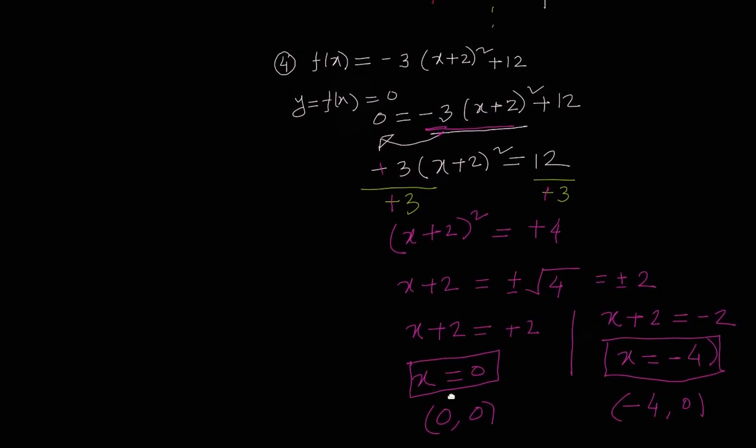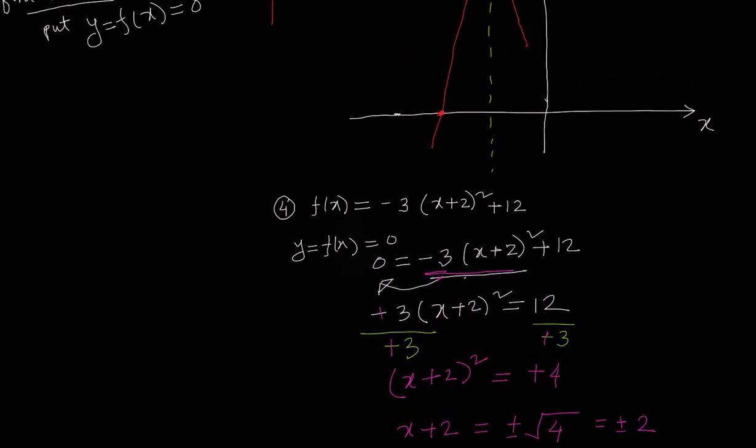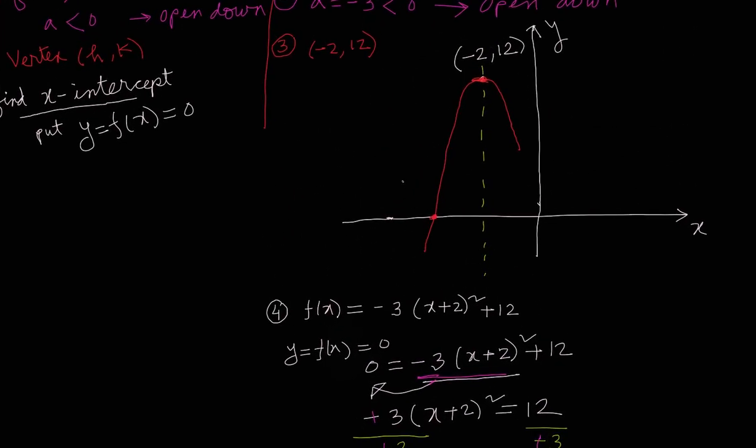If I try to plot these two points in my graph, this is -4, 0, and another x-intercept will be at the 0, 0 point. So now I can extend it, and I know that this arm is going to go down in this manner.